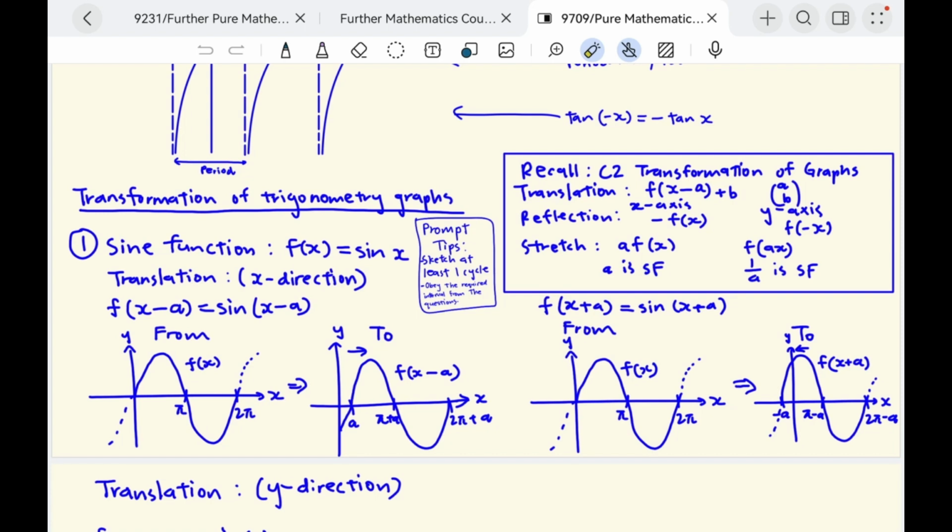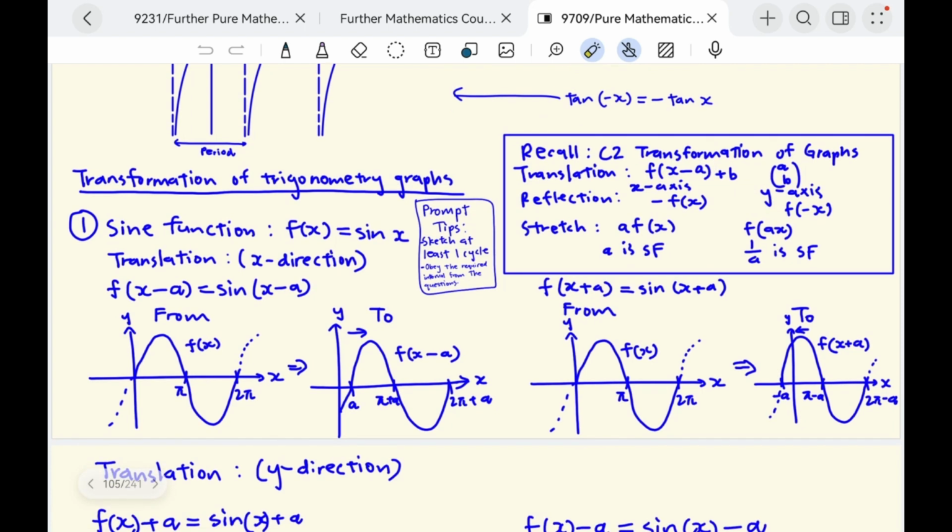Alright? So for the reflection, okay, if you put the negative beside the entire function, it means you reflect on the x-axis. If you put negative beside the x, or replace x with negative x, it undergoes the reflection on the y-axis. Alright?